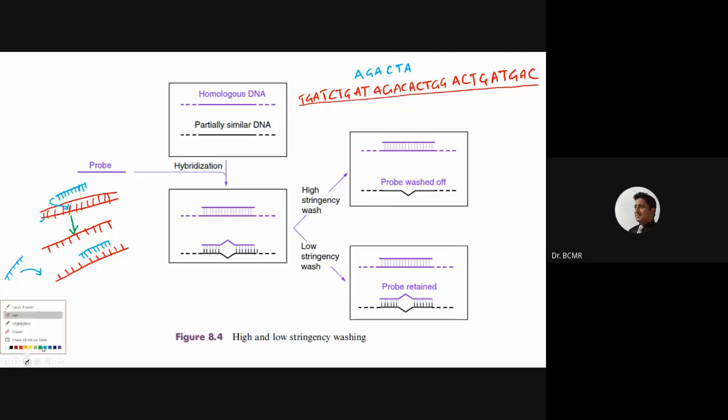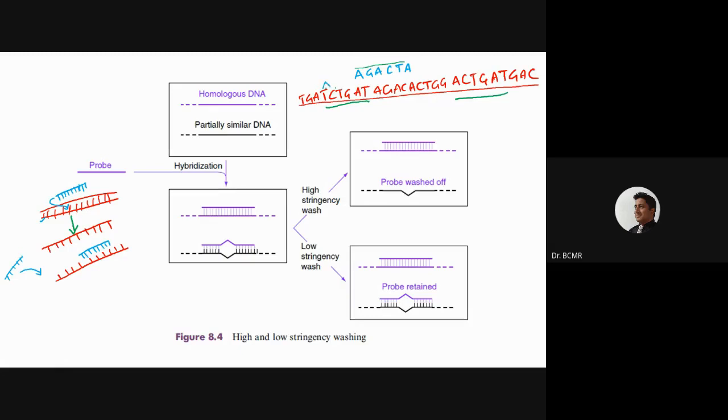Say, for example, this is one sequence, right? 1, 2, 3, 4, 5, 6. So this is absolutely complementary to this sequence. There is another sequence also I have written somewhere here. Here, in this case, I'm talking about very small sequences.